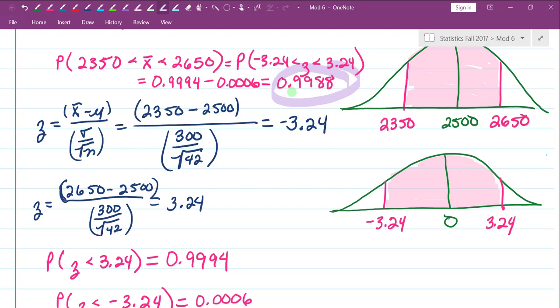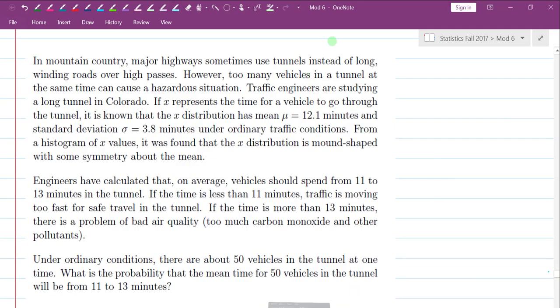We've got one example left, and then we're done for the day. Okay, here's our last problem for the day. In mountain country, major highways sometimes use tunnels instead of long, winding roads over high passes. However, too many vehicles in a tunnel at the same time can cause a hazardous situation.